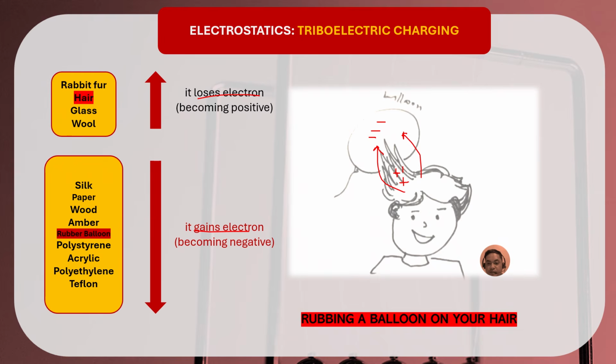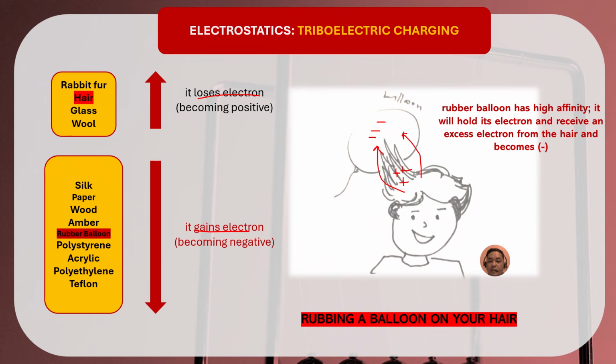Okay. Rubber balloon has high affinity because it tends to hold its electrons, not give its electrons, but receive the free or excess electrons from the hair. So when something gains electrons, it becomes negative.